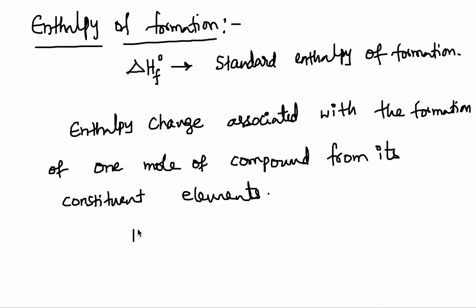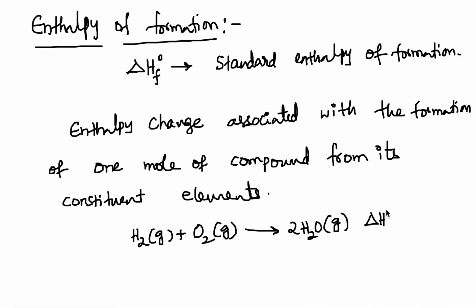Therefore, if I write this equation, H2 gas, which is an element, and O2 gas, which is the element oxygen, combine to produce the compound water. Let's say this reaction is carried out to produce 2 moles of water from its constituent elements. The enthalpy change associated is going to be 51.88 kilojoules.